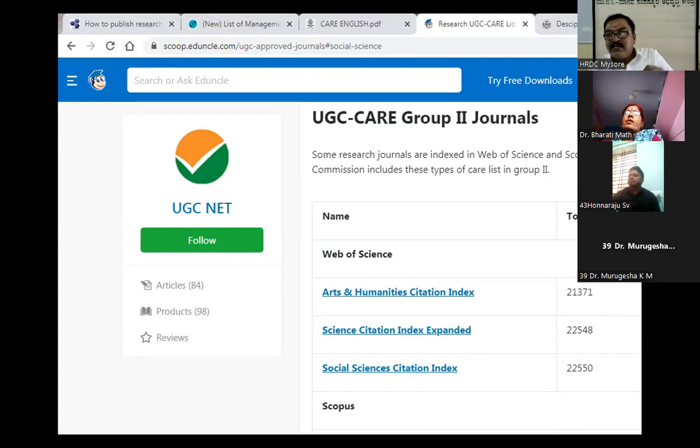Once you decide this is the journal, then you look at the style of that journal. What types of articles have they already published? What is the standard of that journal? And what should I include to publish in this journal?